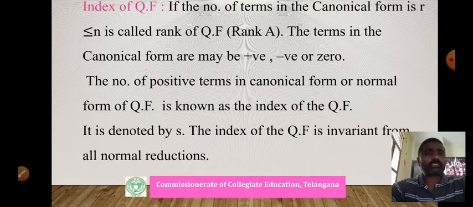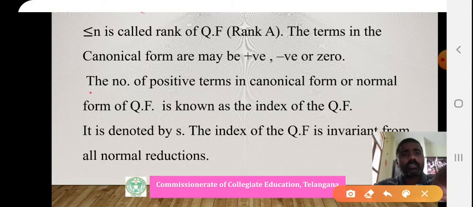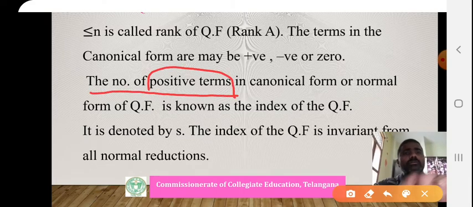Now, the number of positive terms in the canonical form. That means among lambda 1, lambda 2, up to lambda n, total r are present, neglecting the 0 terms.